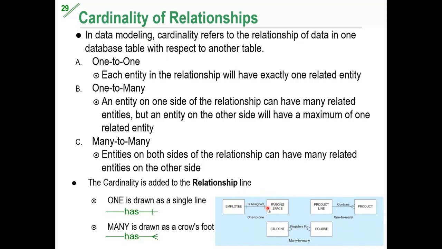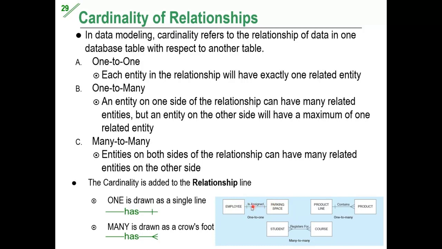Remember, cardinality means how one instance in the employee table relates to instances in the other table. One row in this table is associated with exactly one row in the parking space table. That is what we mean by one-to-one.